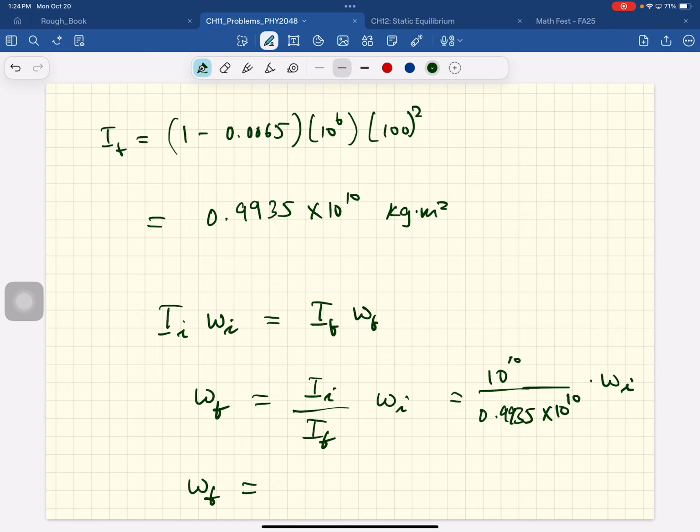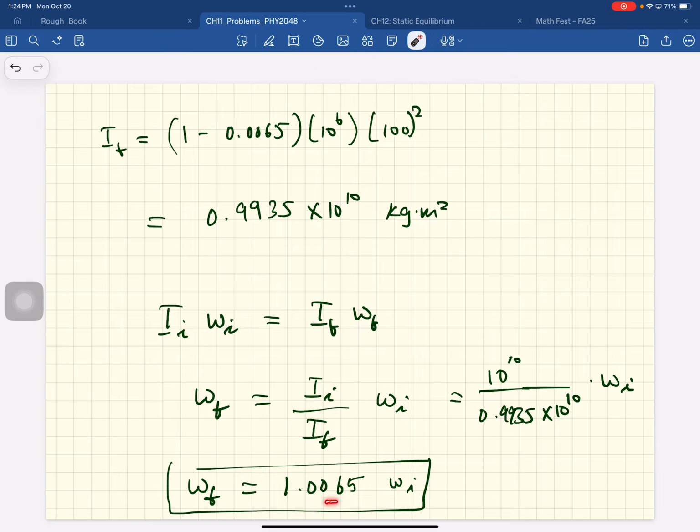So that's 1 divided by 0.9935. The angular speed increased by about 0.7%. So it's spinning that much faster, that's all.